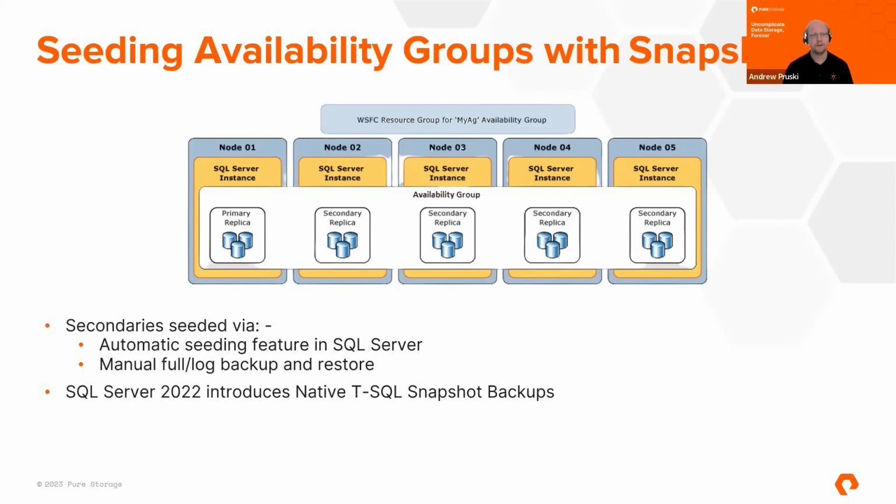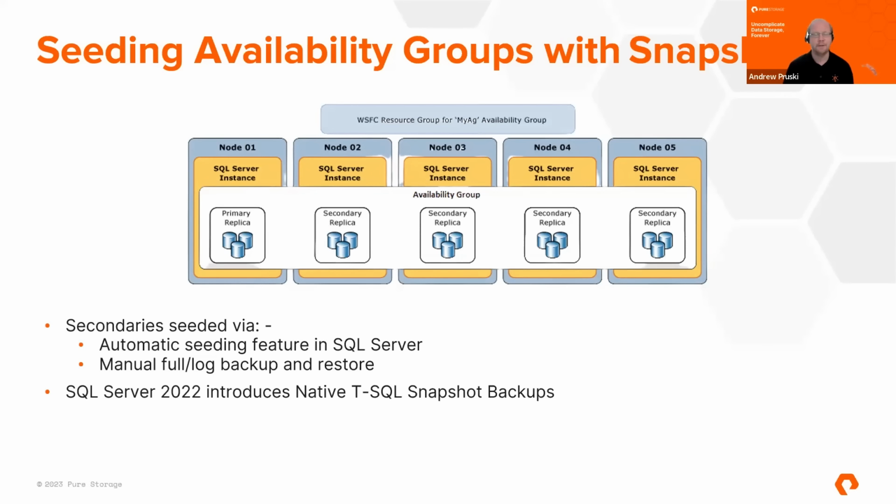Now, I've got an example availability group here. We've got a 5-node AG with 1 primary and 4 secondaries. When we set this up, we can seed those secondaries in one of 2 ways. We could do it manually with a full backup restore and then a transaction log and add the databases in on each node, or we could use the built-in automatic seeding function within SQL Server itself.